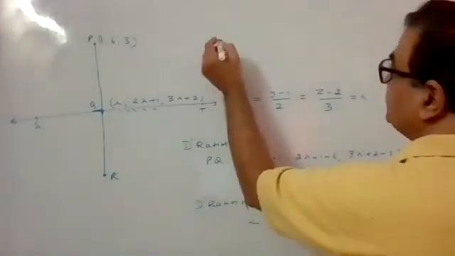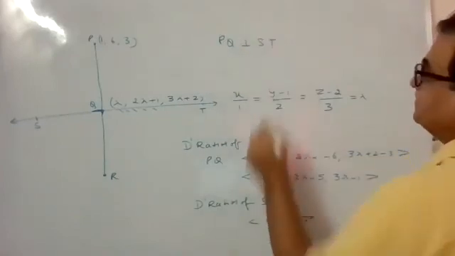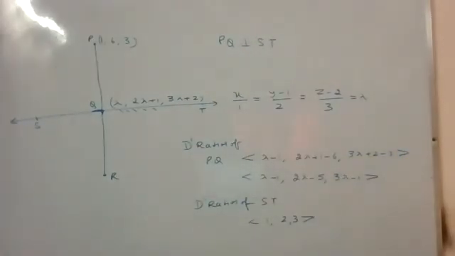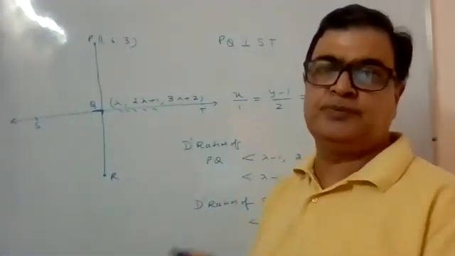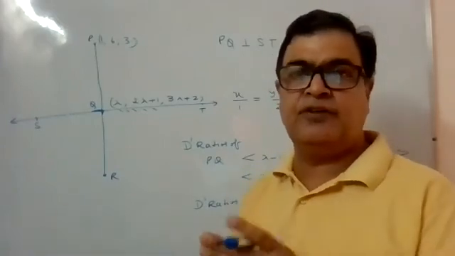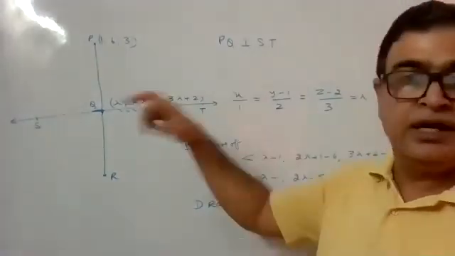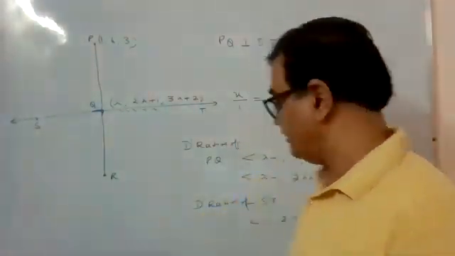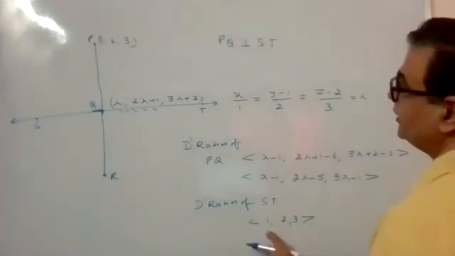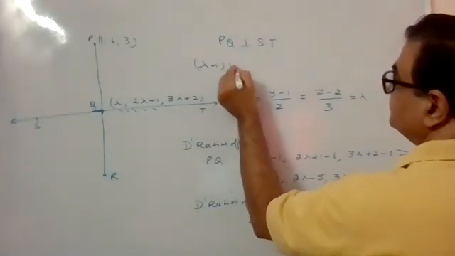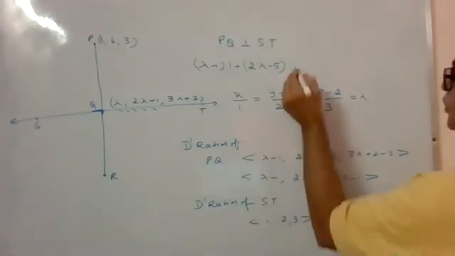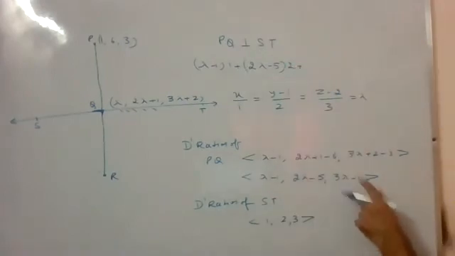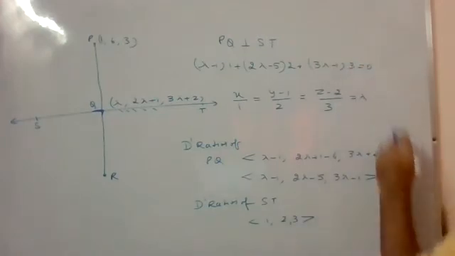And as PQ is perpendicular to ST, A1 A2 plus B1 B2 plus C1 C2 has to be 0, where A1 B1 C1 are direction ratios of the first and A2 B2 C2 are the direction ratios of the second. So lambda minus 1 into 1 plus 2 lambda minus 5 into 2 plus 3 lambda minus 1 into 3 comes out to be 0.